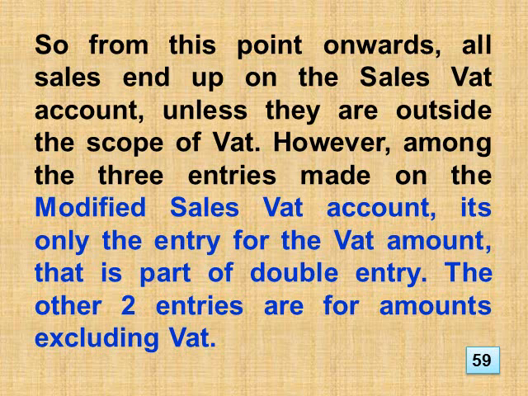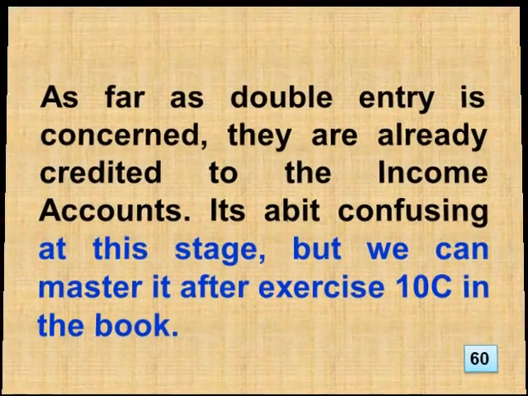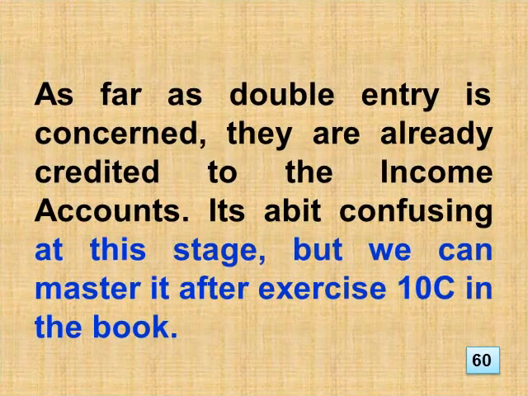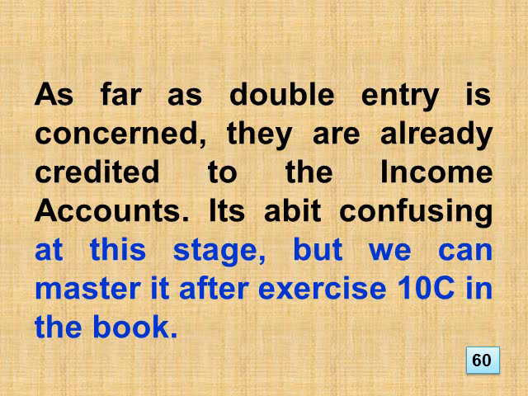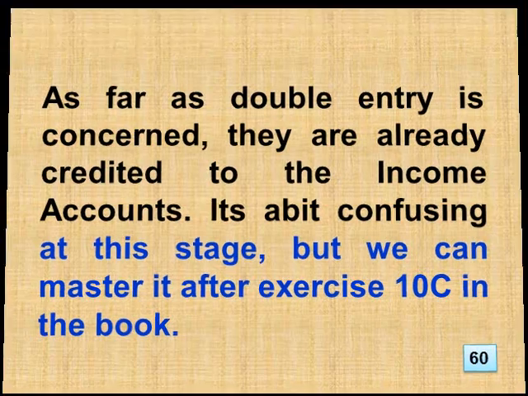However, among the 3 entries made on the modified sales VAT account, it's only the entry for the VAT amount that is part of double entry. The other 2 entries are for amounts excluding VAT. As far as double entry is concerned, they are already credited to the income accounts. It's a bit confusing at this stage, but we can master it after exercise 10C in the book.